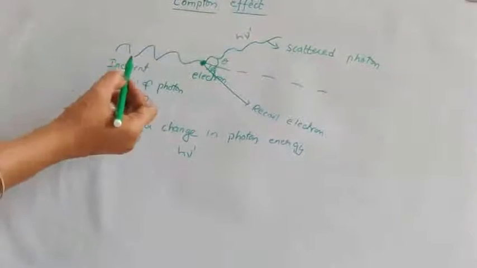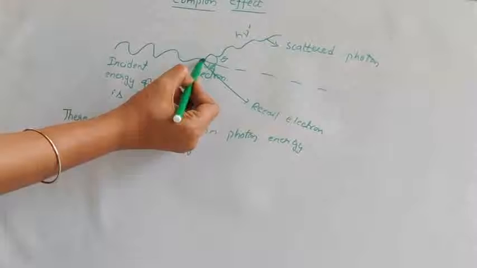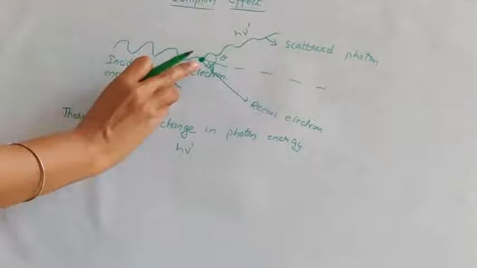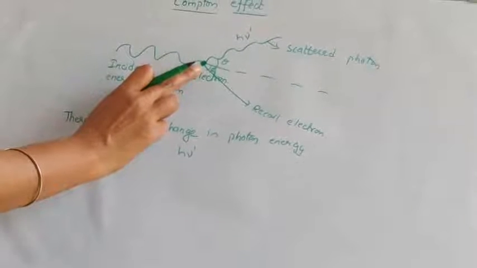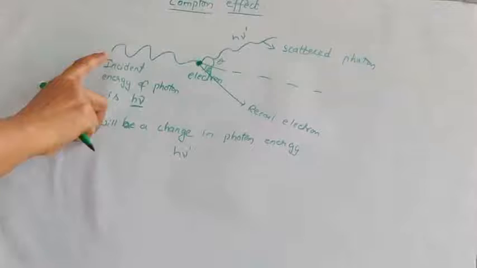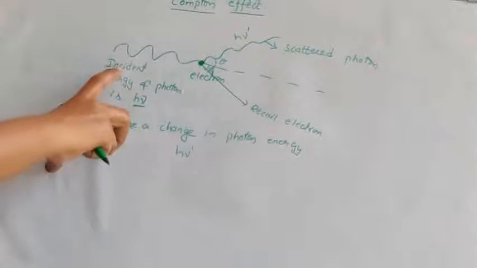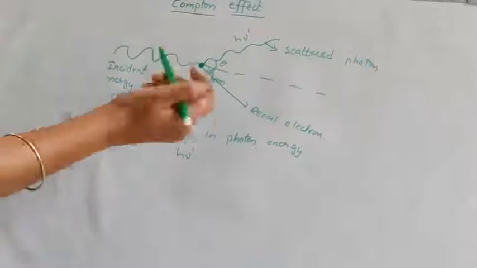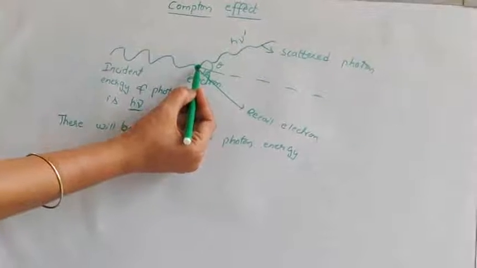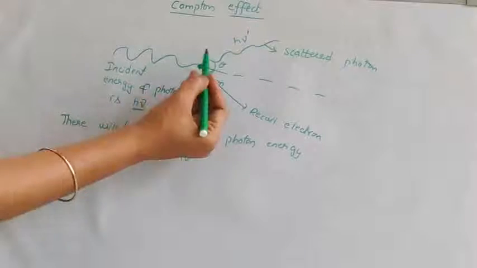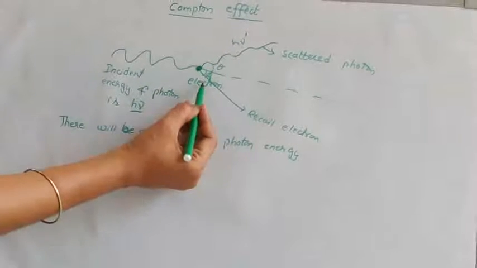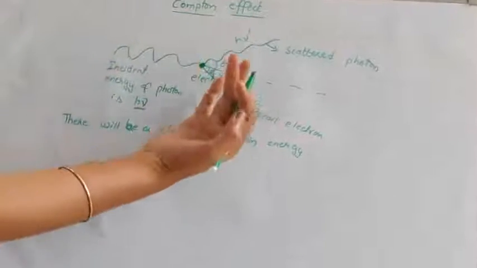So what I am considering, initially I have considered the electron. Now assume that this electron is at rest. Then we assumed that a photon of energy h nu strikes the free electron at rest. Then both the photon as well as the electron scatter with angles.